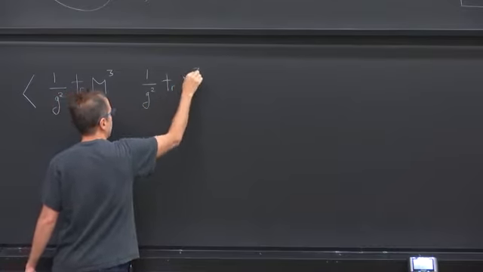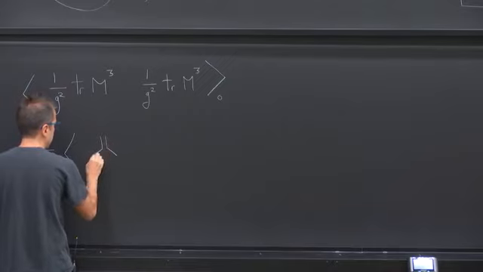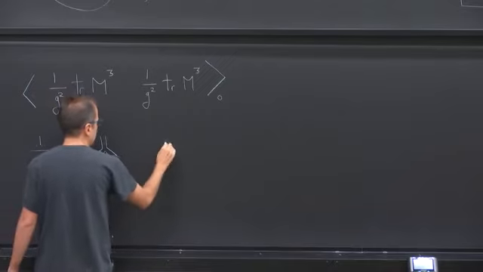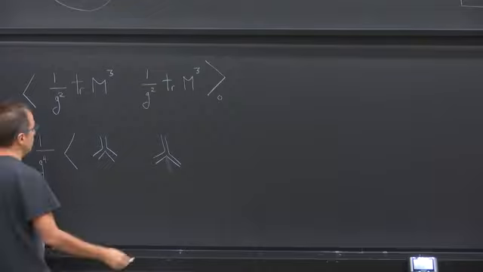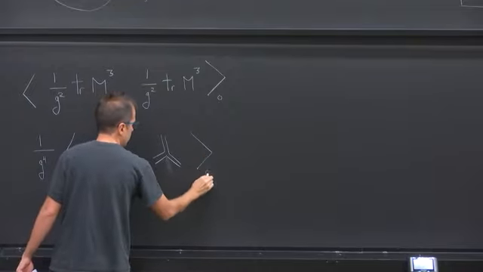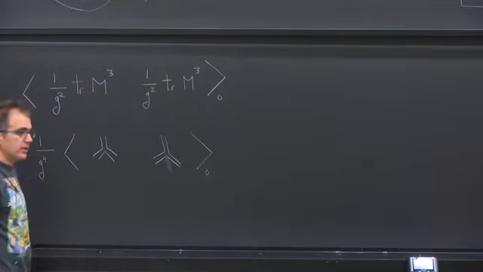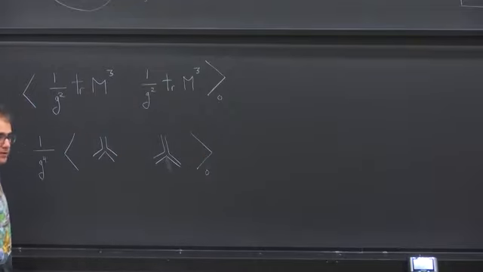We do it graphically. So it's 1 over g to the 4 times the expectation value of the first one, which is just now some cubic, and then the second one, another cubic. And then all we have to do is we contract these propagators like this. So there are a bunch of options.